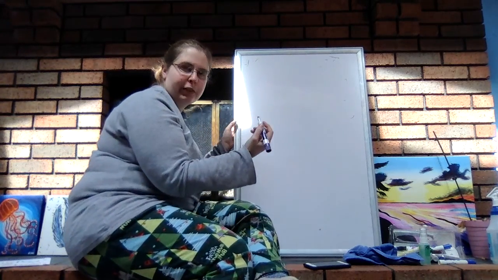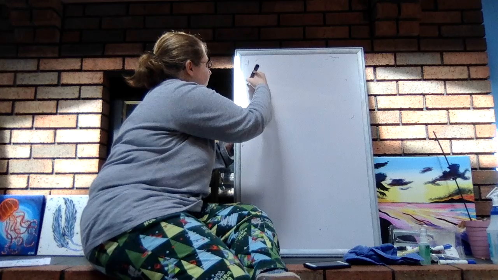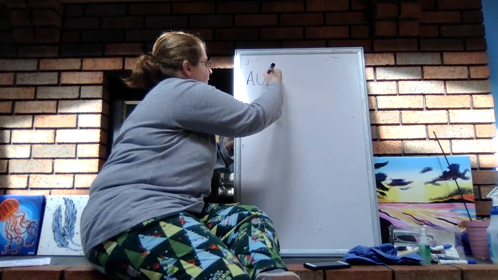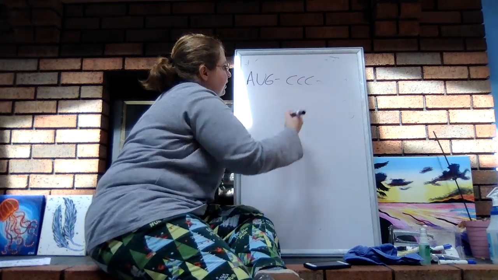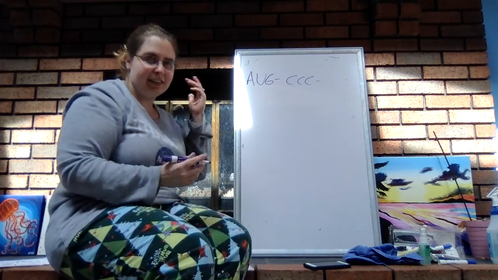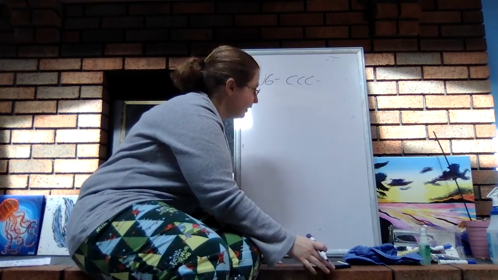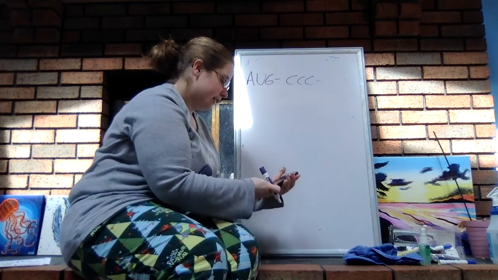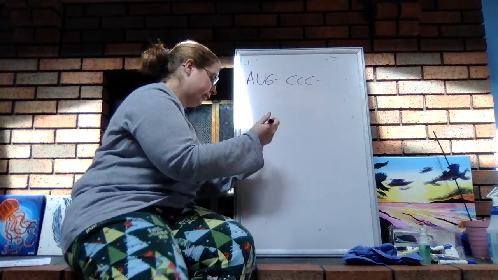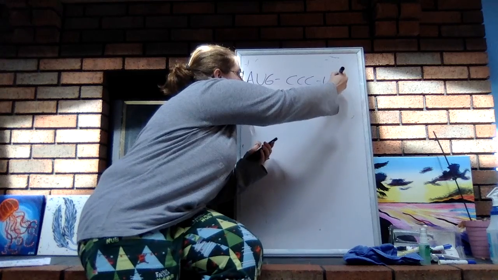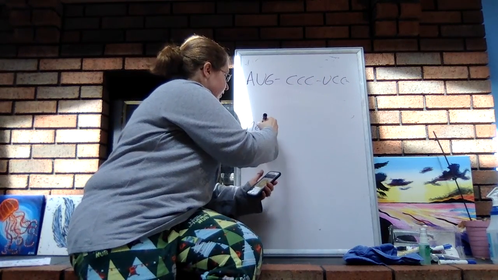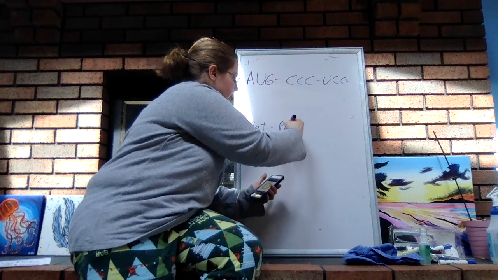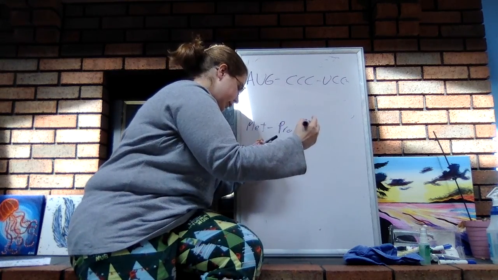So I'm just going to do a very short one for this. Let's see, we have AUG, CCC. I'm going to do like a 6. Let's see. UCC. And we have methionine, proline. UCC is serine.